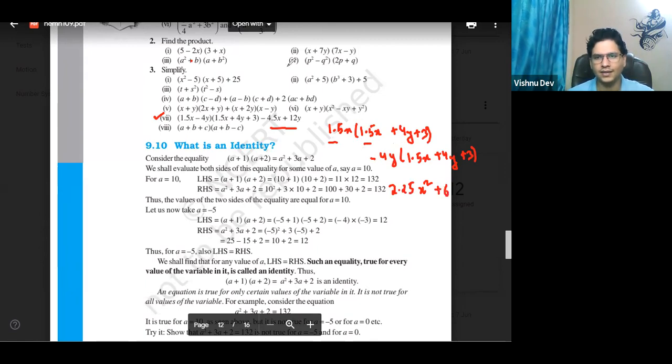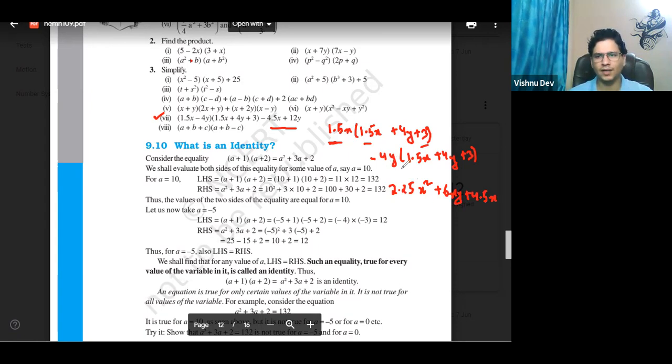And x into y is xy. Now 1.5 into 3 is 4.5, so plus 4.5x because x is there. So the first term we have multiplied using the distributive property.